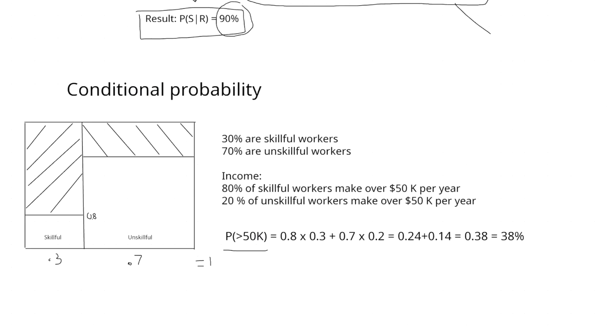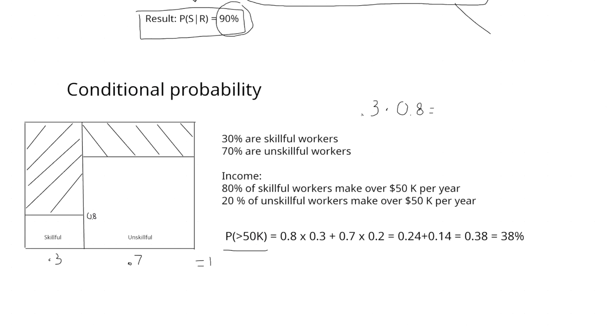Now, what is the area of this shadowed rectangle? We have to take the length of this side, which is 0.3, and multiply by 0.8. And this is our conditional probability.